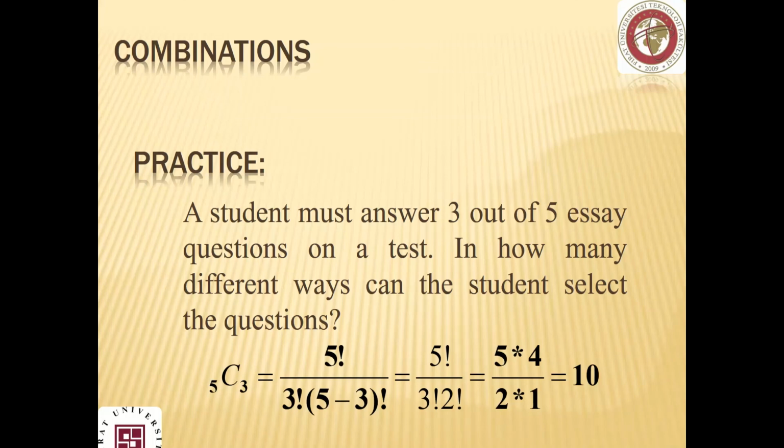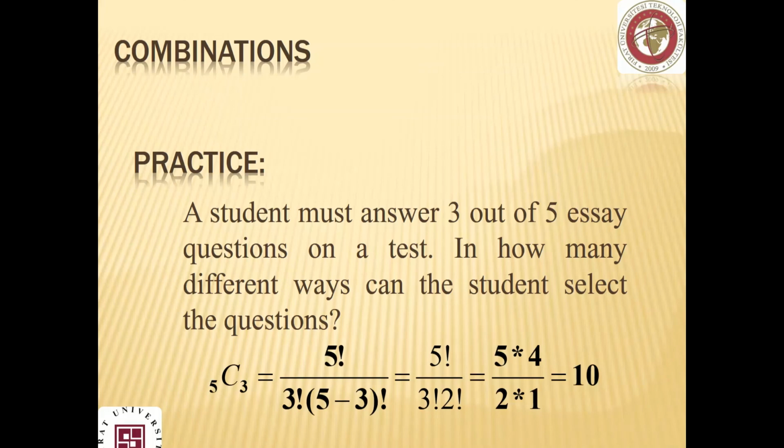It is. Why? Because the order of saying them doesn't change the fact that you answered 1, 3 and 5, not 5, 3 and 1 or 3, 5, 1. It doesn't matter because you answered these 3. You selected them, you answered them. So in that case, it's a combination.